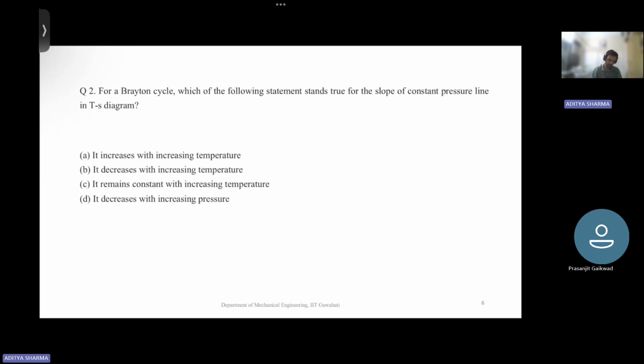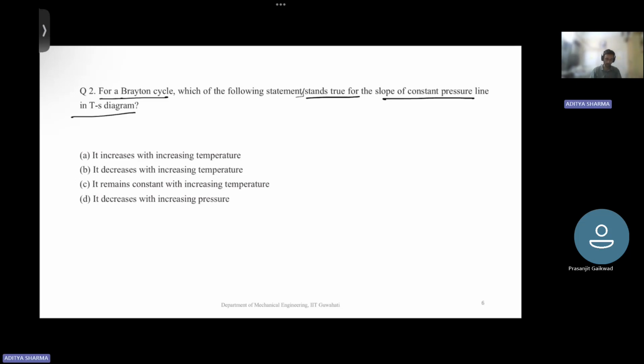So the question here says, question number two, for a Brayton cycle, which of the following statements stands true for the slope of constant pressure line in TS diagram?